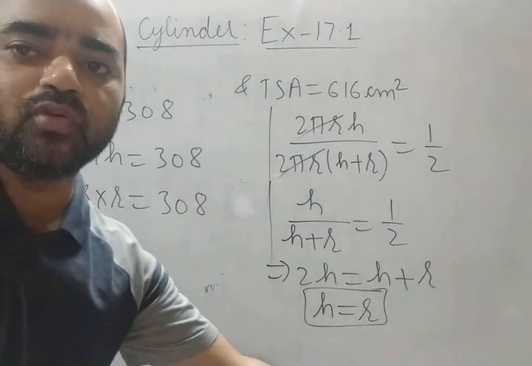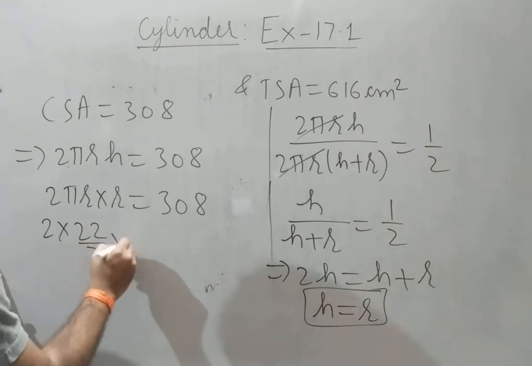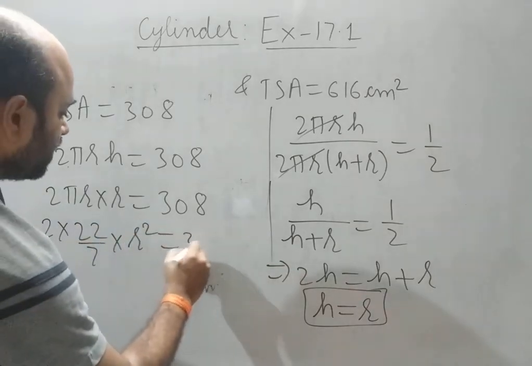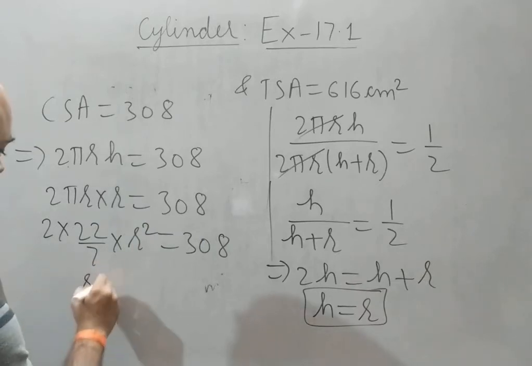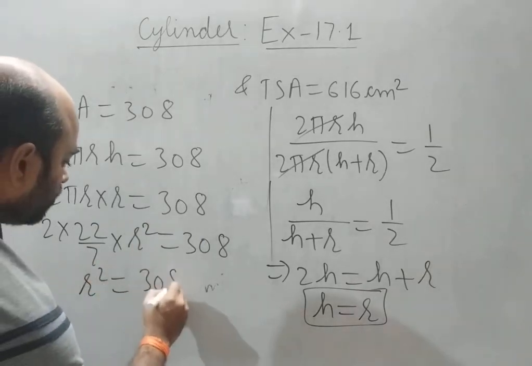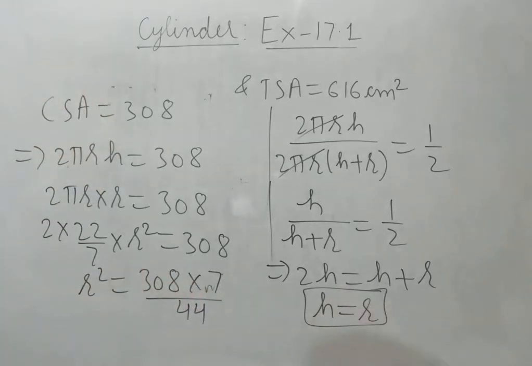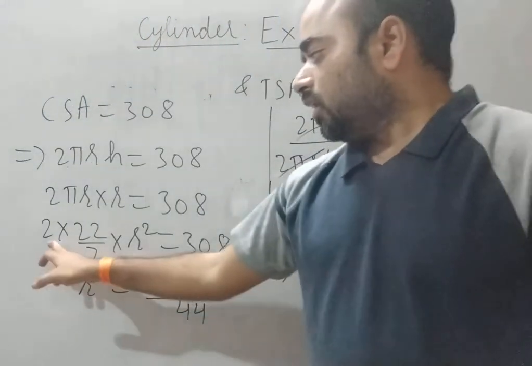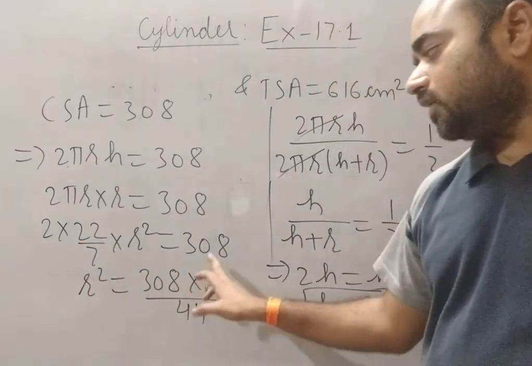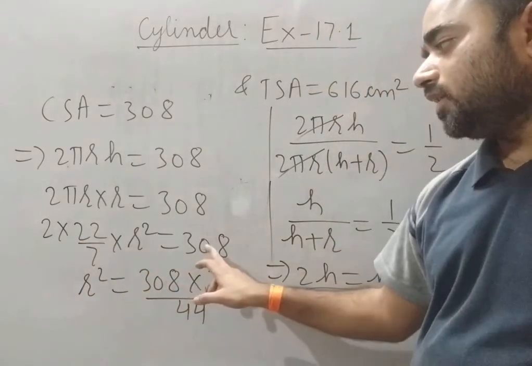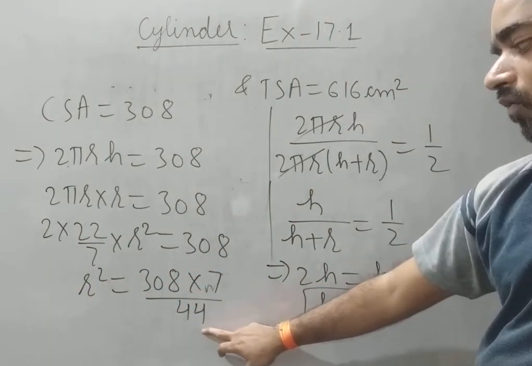H and R both are equal. Now the value: 2 into 22 by 7 into R square is equal to 308. Therefore, R square will be 308 into 7 upon 44.